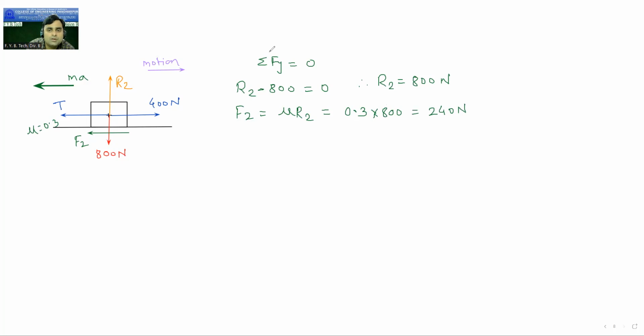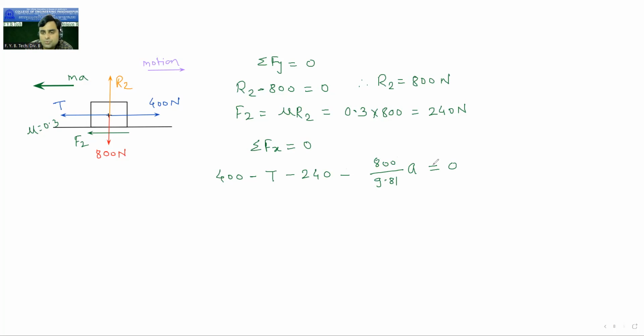Now apply summation Fx equal to 0. So summation Fx is 400 minus T minus F2. F2's value is 240. Then minus MA, where M is 800 divided by 9.81 into A. Anything else remaining? No, which is equal to 0. Right?